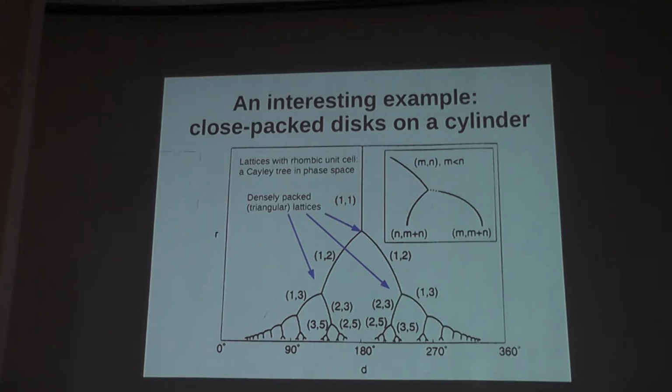Okay, and then the arcs connecting them, you can think about it as a lattice of closely packed hard disks, which is slowly evolving from one triangular type to another triangle.